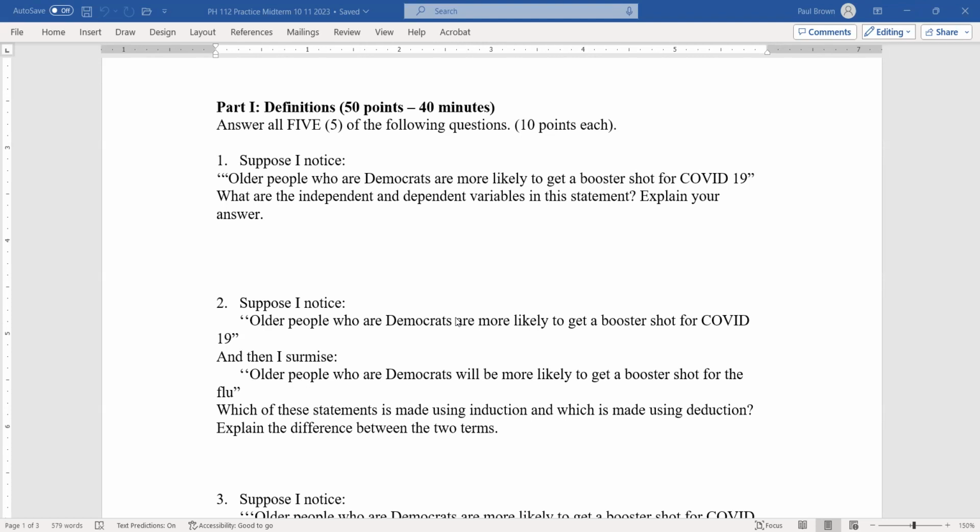So the second one is deduction. And why is it deduction? I give you a clue when I say I surmise. But also, I have not actually observed whether or not older people who are Democrats are more likely to get the flu shot.